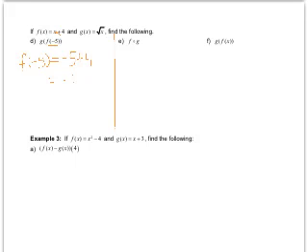So now instead of f of negative 5, I'm going to replace that with the answer of negative 1. So I'm going to do g of negative 1. So now I'm looking at my g function, and g of x is square root of x, so g of negative 1 is going to be square root of negative 1.